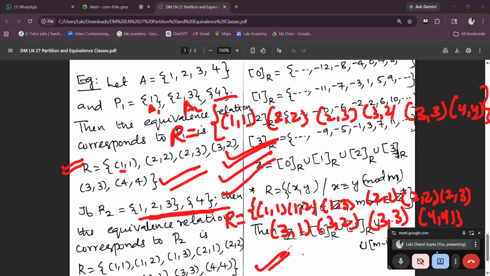First find the partition set and make a relation. Whatever relation is formed will be an equivalence relation.